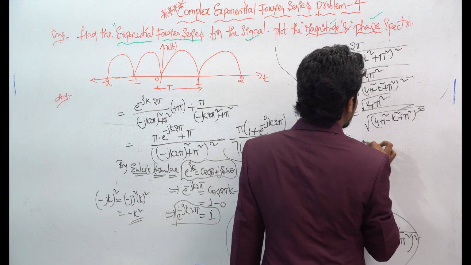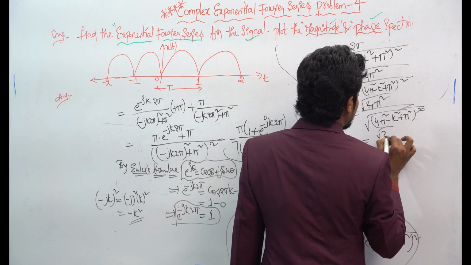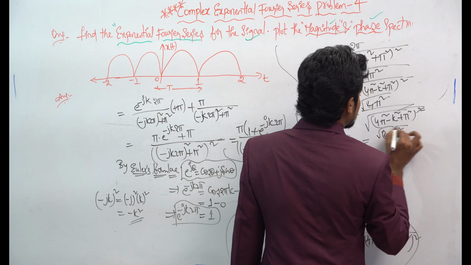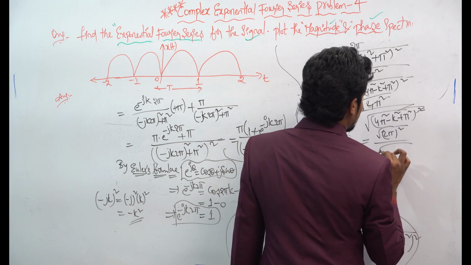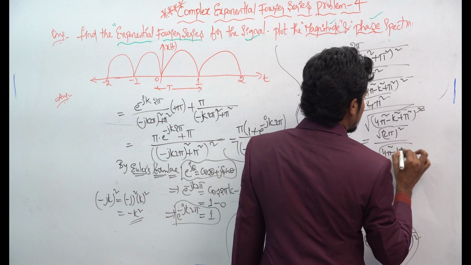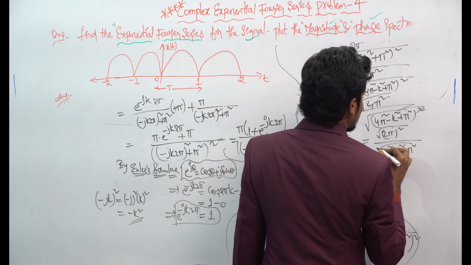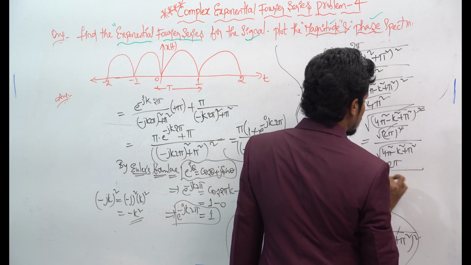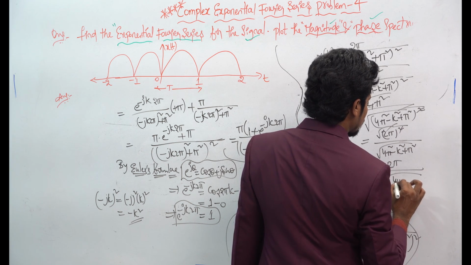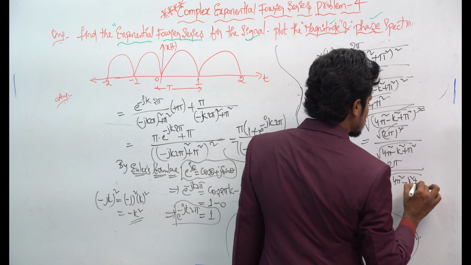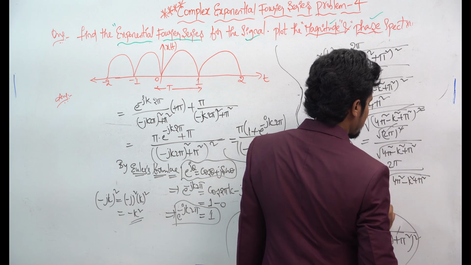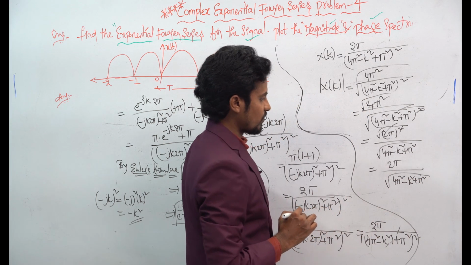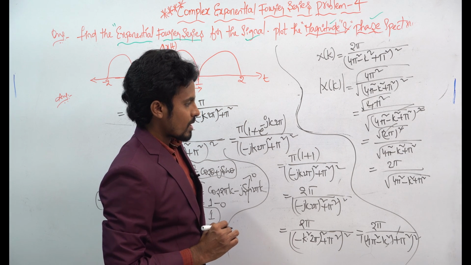The square root gets cancelled. So you can write this as 2 pi divided by the square root of 4 pi square minus k square plus pi square. So this will become 2 pi divided by square root of 4 pi square minus k square plus pi square. Okay, this was your modulus of x.